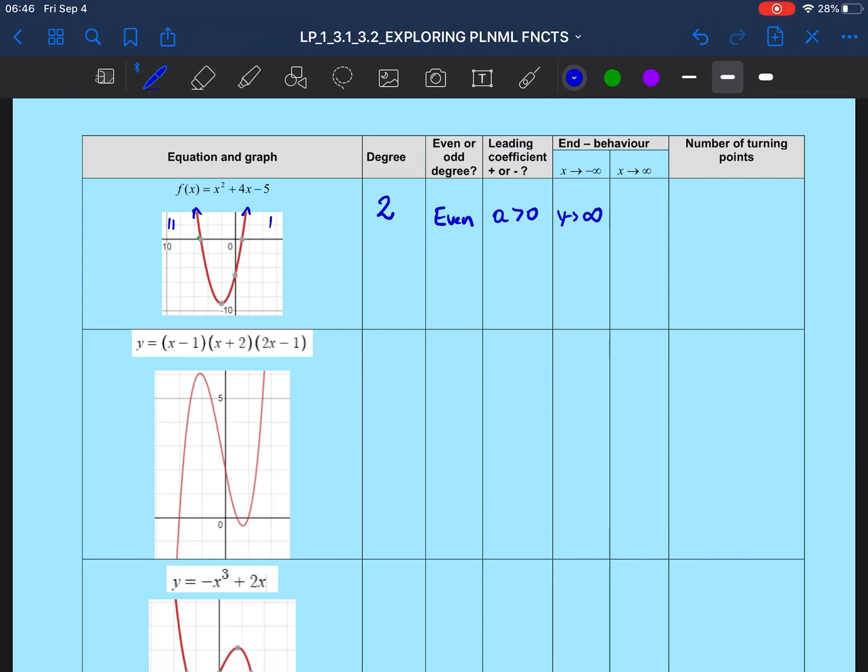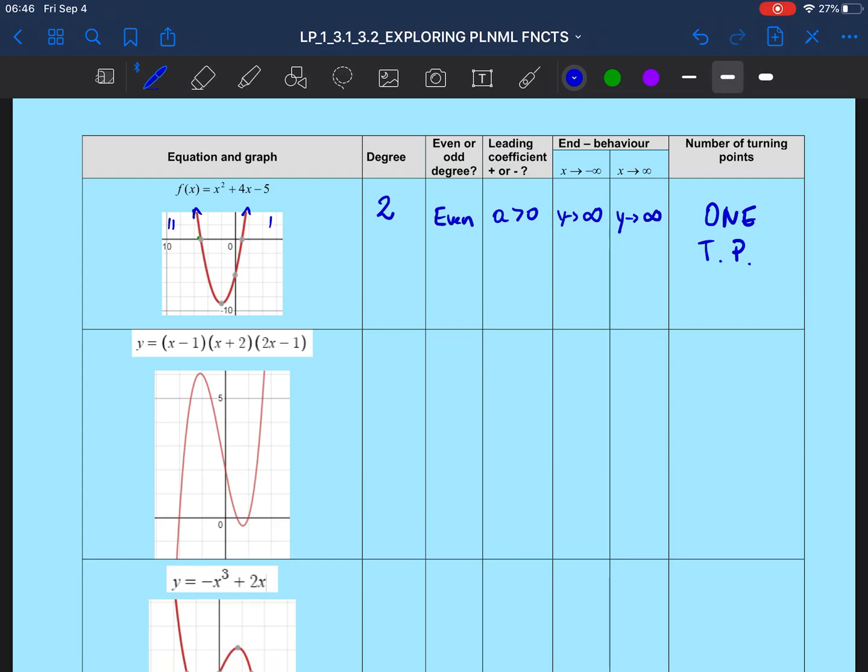So y approaches infinity. Similar to this on the other side, as x approaches positive infinity, the y values are approaching infinity as well. There is one turning point on this graph. And I'm going to use the acronym TP for turning points.